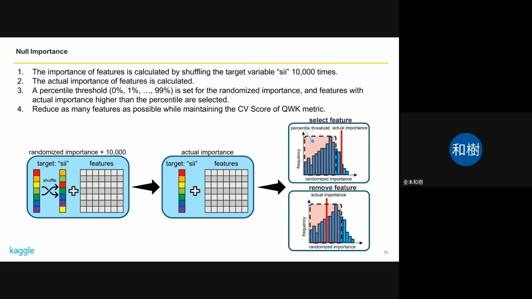And third step, a percentile threshold is set for the randomized importance, and features above the percentile are selected, not selected otherwise. Fourth, reduce as many features as possible while maintaining the CB score of the QWK metric. Finally, I applied null importance to all 3 types of features.